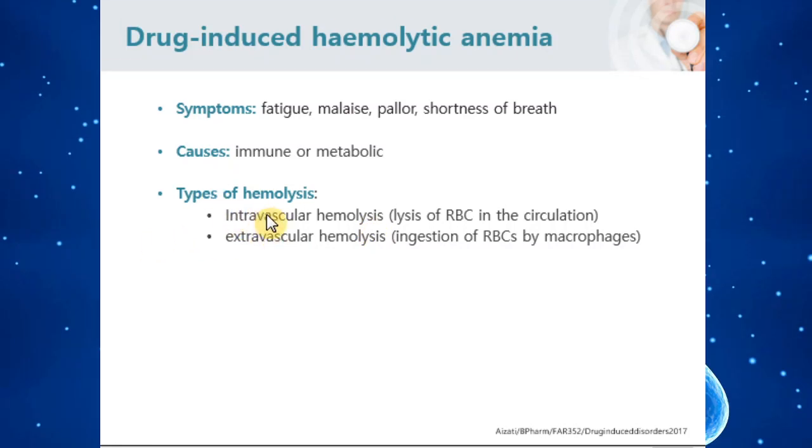The types of hemolysis are intravascular hemolysis, in which the lysis of RBC happens in the blood circulation, or extravascular hemolysis, in which the red blood cells are ingested by the macrophages.